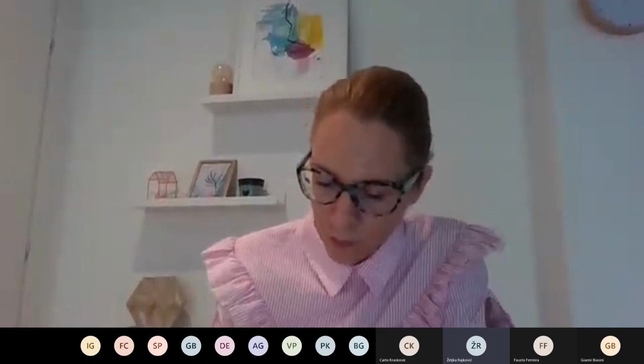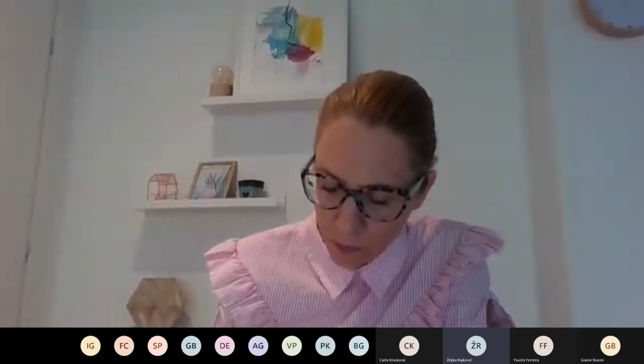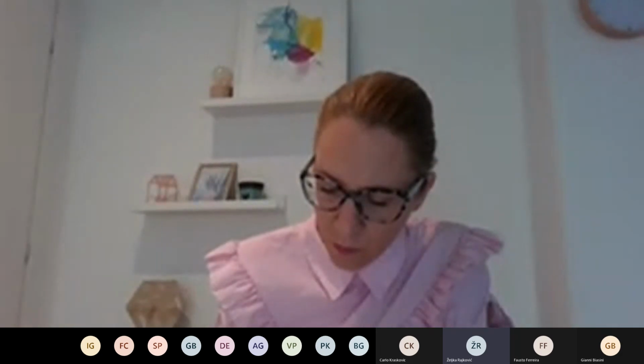As I also mentioned, we have already created a map of excellence, and in this map we have mapped all the innovation stakeholders in the blue economy in Italy and Croatia. So that will be our base for building the community.